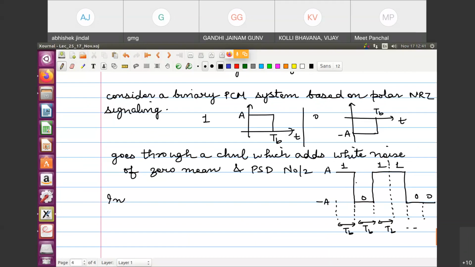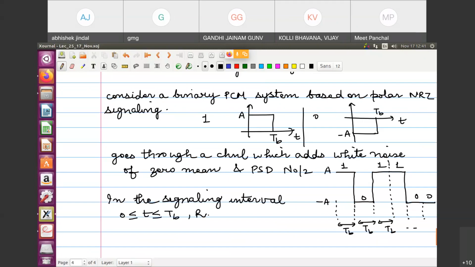Okay, so let us design this. In the signaling interval 0 to TB, let us take a signaling interval.